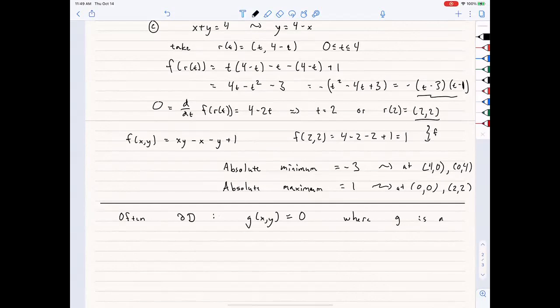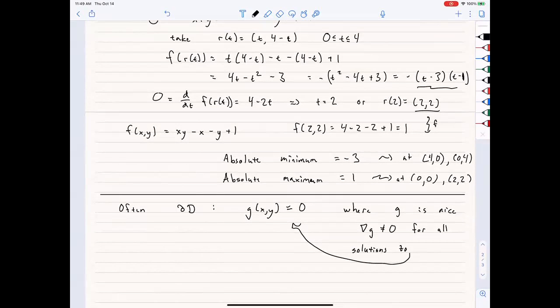And what I mean by nice is that the gradient of g is non-zero for all solutions to this equation. That means that you have a kind of smooth curve. It's not singular, not like the triangle where you have these corners.